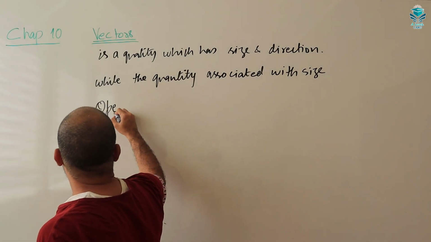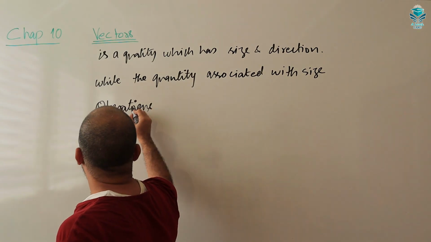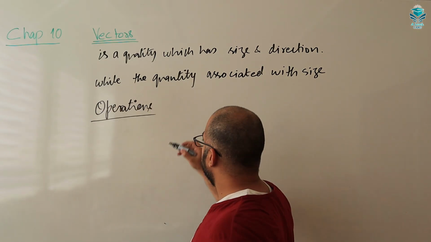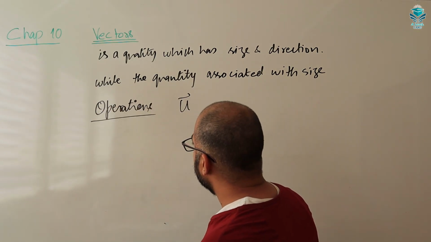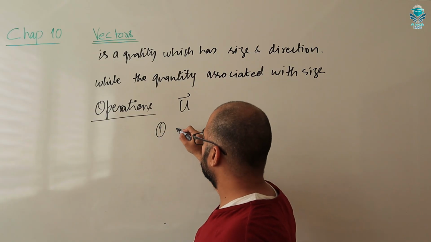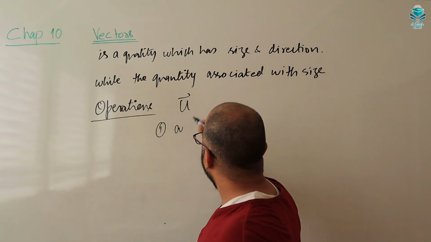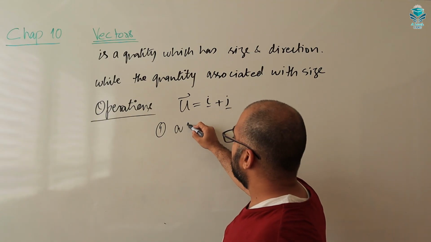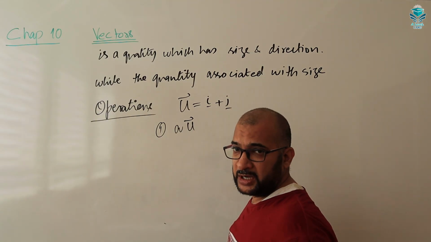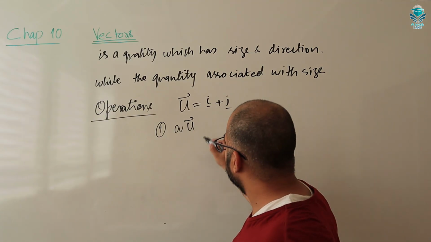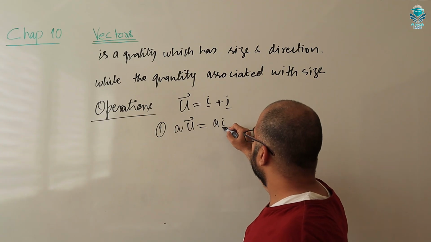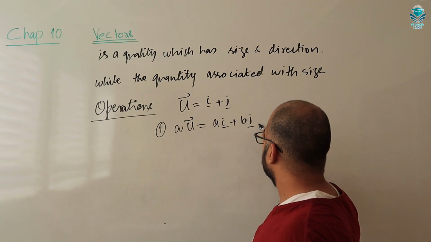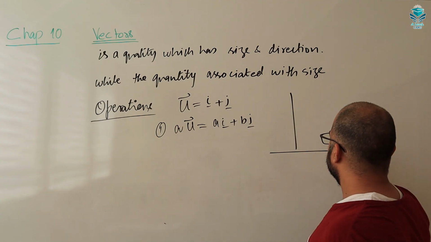Let's say there is a vector u. If I multiply it by a scalar number, let's say a is any scalar. Let's say the vector u is i plus j, and I multiply it with the scalar a. A scalar means any real number, so it multiplies with every component.